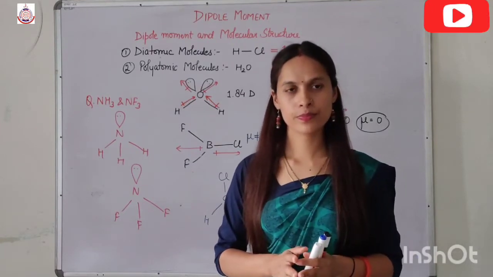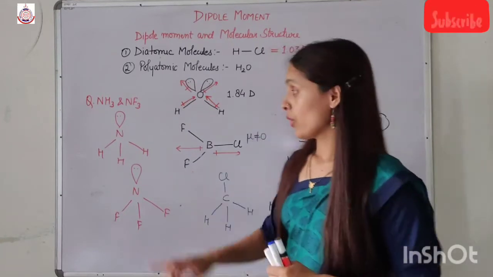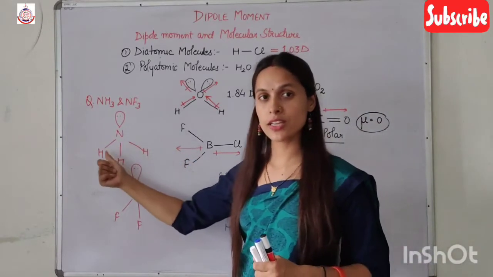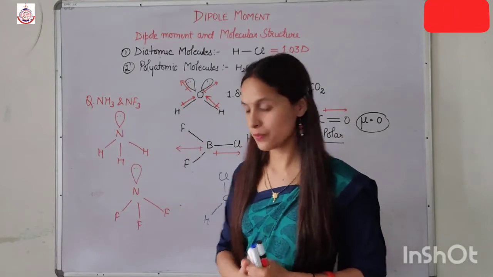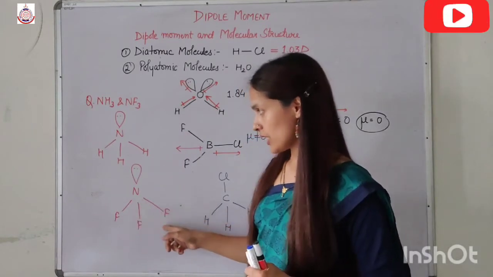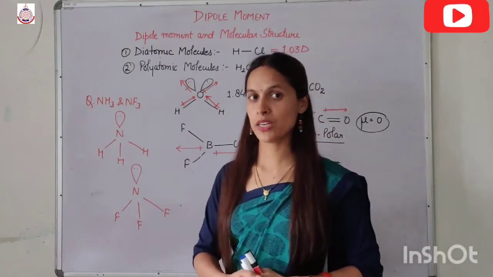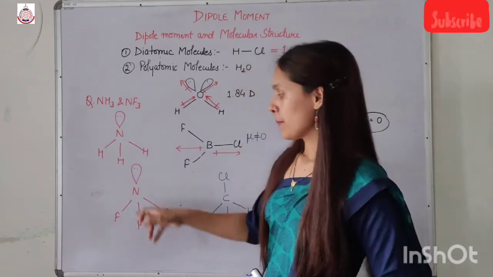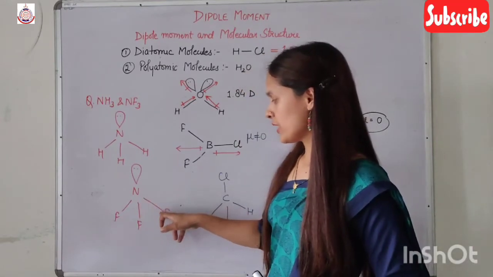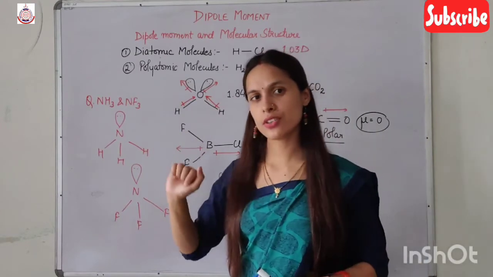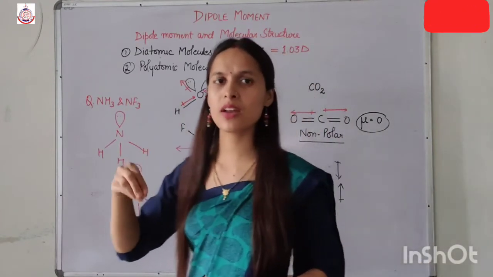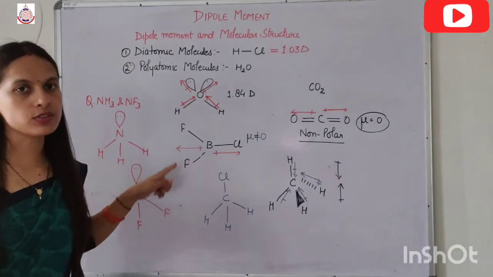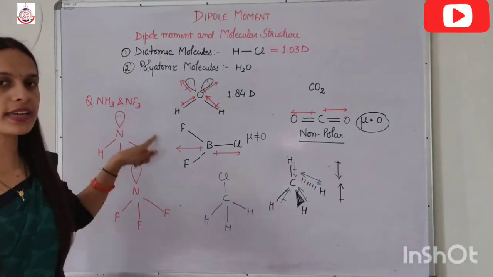Can anyone? Now, this is NH3, in which there is a bond between nitrogen and hydrogen. Here NF3, in which there is a bond between nitrogen and fluorine. Because fluorine is more electronegative than hydrogen, the NF bond is more polar than the NH bond.